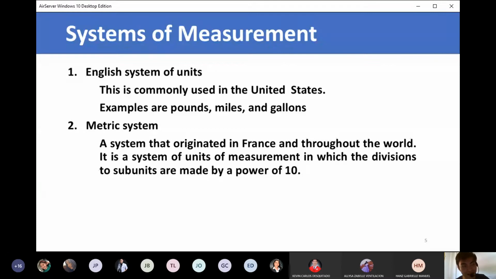So they started redefining everything using physical objects. They measured the distance from the North Pole to the equator, then divided it by some arbitrary constant, and came up with the definition that this is a meter, this is a kilogram, and so forth.